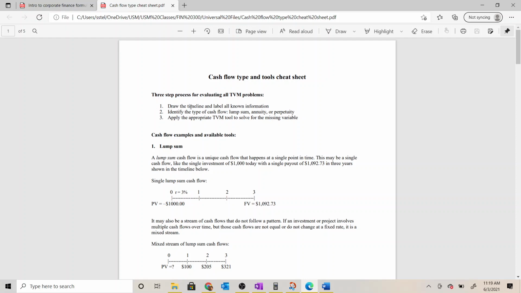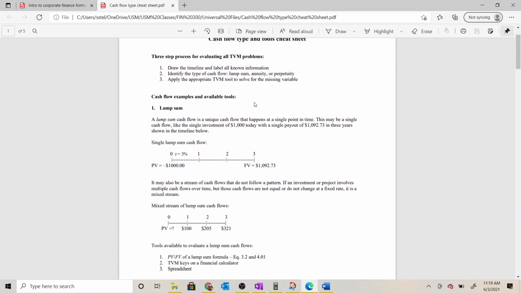We're going to start by drawing the timeline and labeling all known information, all the information that's given to us in the problem. Then we're going to use that timeline to identify the type of cash flow we're looking at, and it's going to be some flavor of one of these three. It's going to be either a lump sum, an annuity, or a perpetuity. And then, once we've identified the cash flow type, we can apply the appropriate time value of money tool to solve for the missing variable, whichever one it is we're trying to solve for.